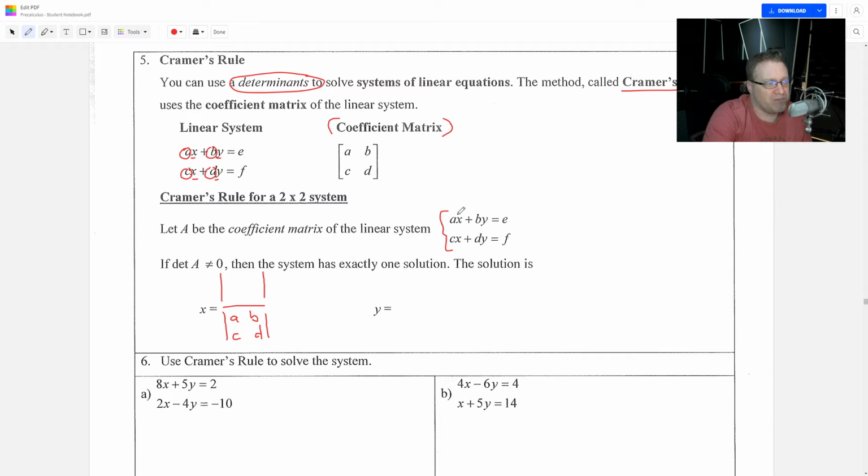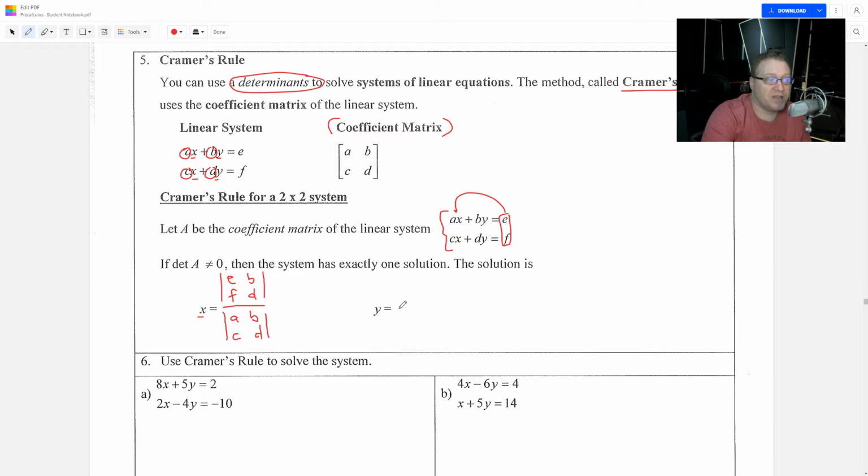Because we're solving for x, we're going to take away the a, c, because those are the coefficients for x, and we're going to replace it with e, f. We're going to take it and move it in there. So it's going to be e, f here, and then we're going to have b, d here. So that's how you find x.